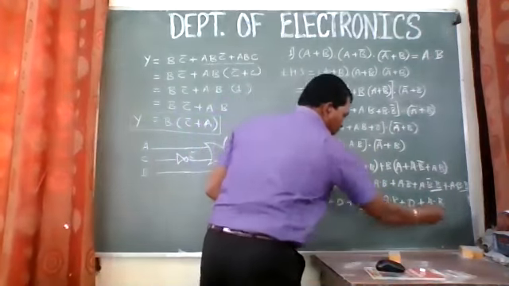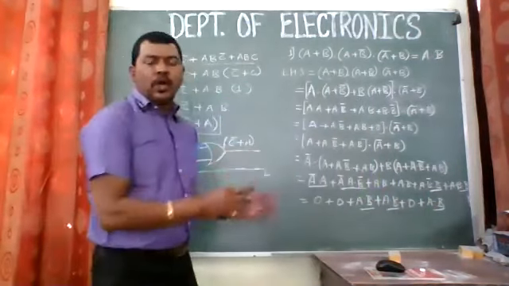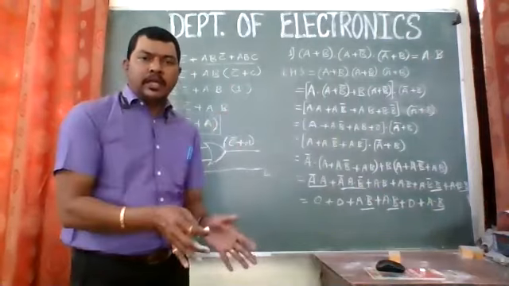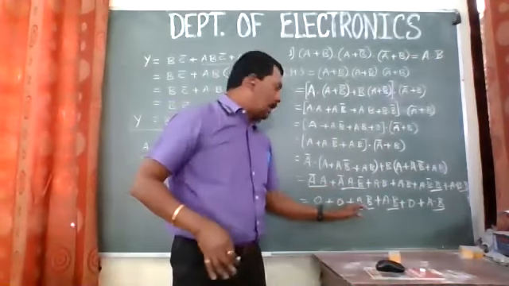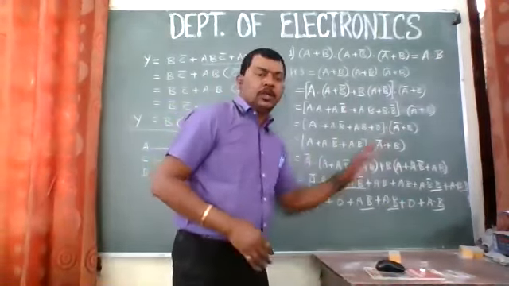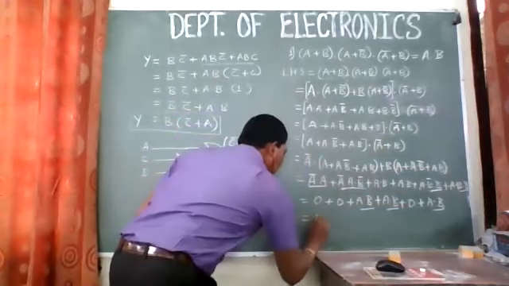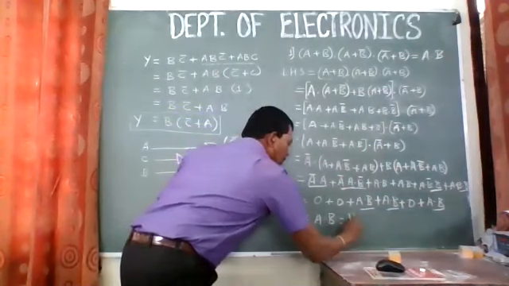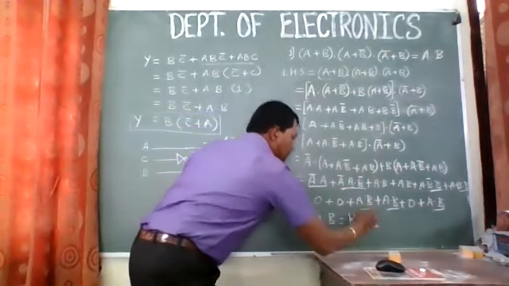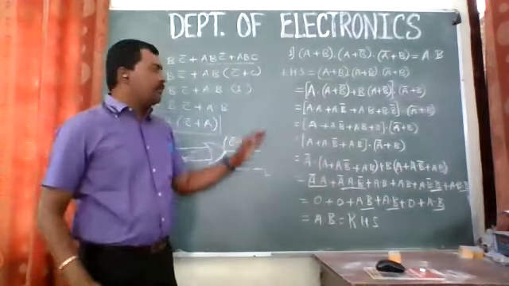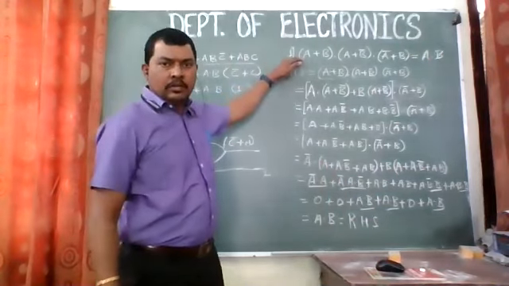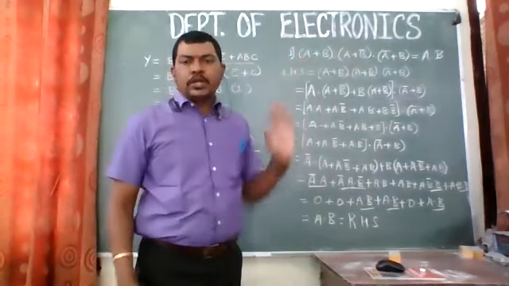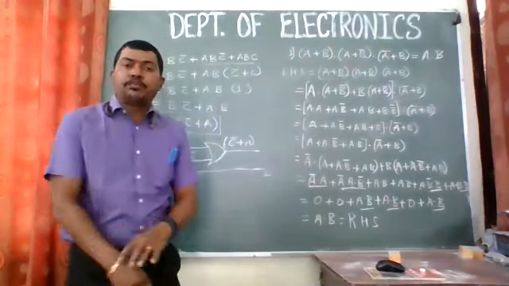We are having 3 a dot b and a dot b, so if you add a 3 times you will get a. Similarly, if you add 3 times a dot b and a dot b, you will be getting a dot b. So this is equal to the right hand side. So this is how we have simplified this equation, right? So this equation can be equated to a dot b.